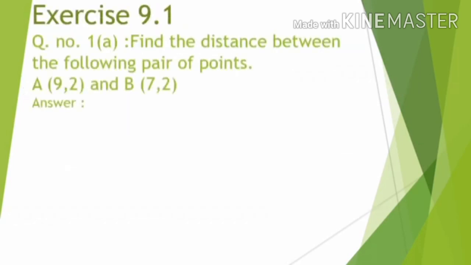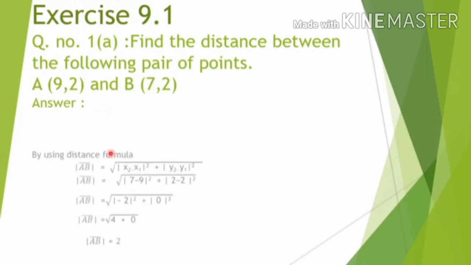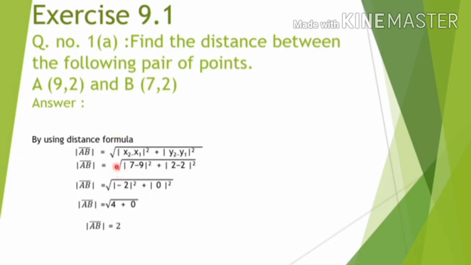Question number 1, part number A. Find the distance between the following pair of points. Point A is (9, 2) and the coordinates of point B are (7, 2). So students, if we apply the distance formula, we will have 7 minus 9, that is the difference of the x coordinates, and then the difference of the y coordinates, that is 2 minus 2, and definitely we will take their squares.